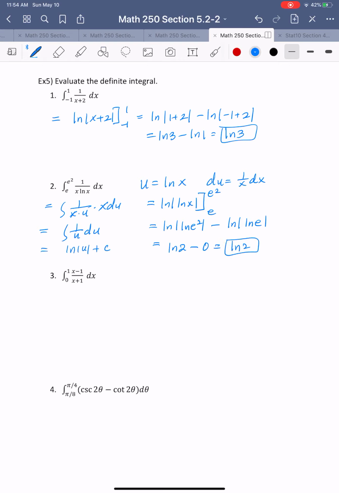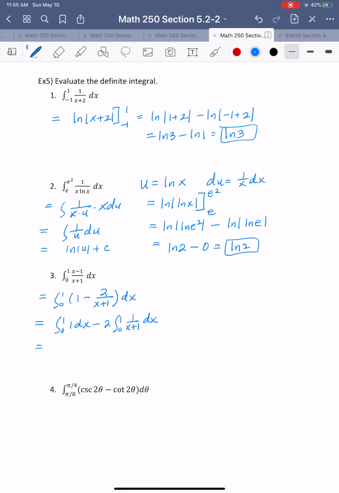Alright, for this one, I used long division, and then I'm getting 0 to 1 as the limit, the integral of 1 minus 2 over x plus 1 dx. And then I get the integral of 1 dx, minus 2 times the integral from 0 to 1 of 1 over x plus 1 dx.